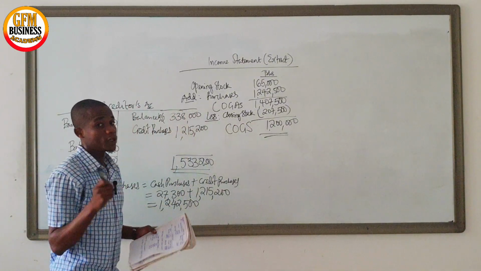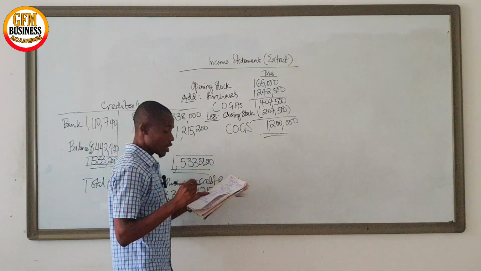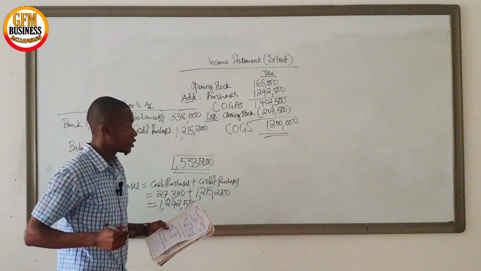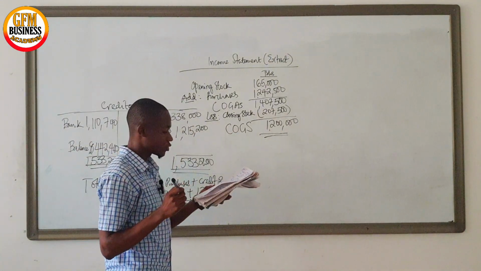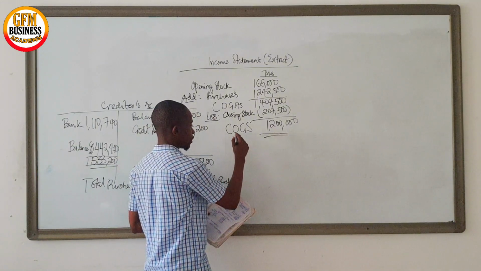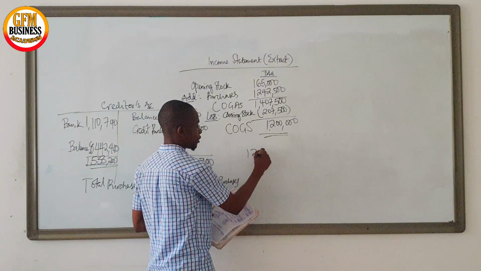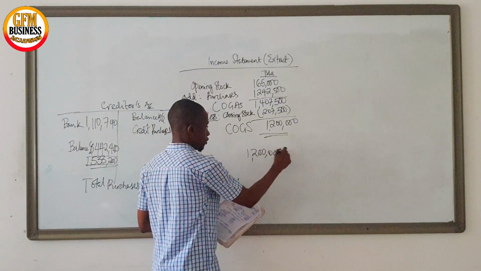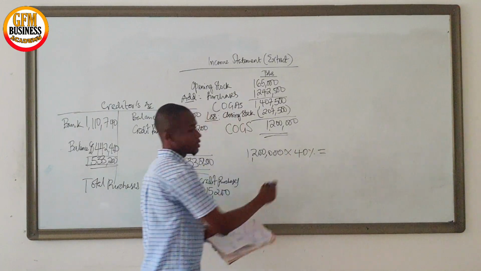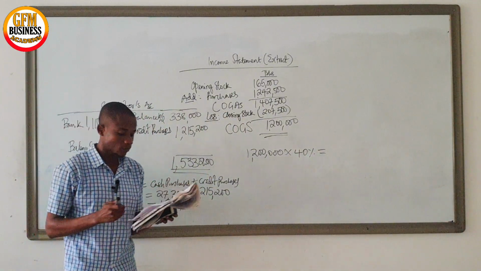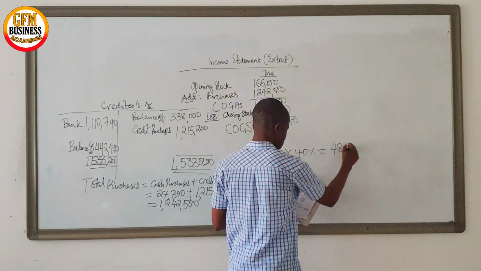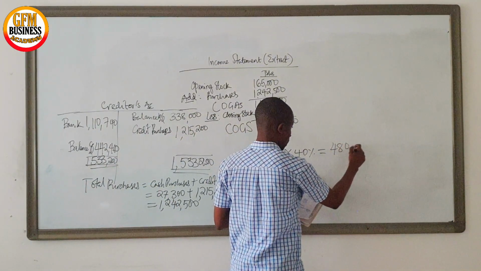So since we've already been given 40%, in order to get gross profit, we will take COGS, which is 1,200,000, and multiply it by 40%. When you multiply, you'll get 480,000.